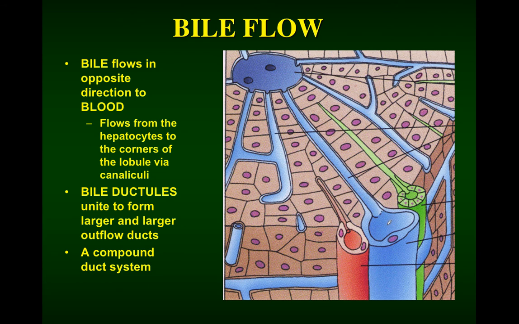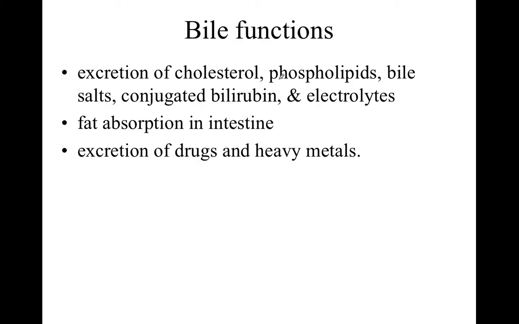So this here is the flow of the blood, whereas the bile goes from this area here toward this canal, which is the bile duct found in the portal area. The blood goes from the portal area toward the central vein and will be collected in the central vein.